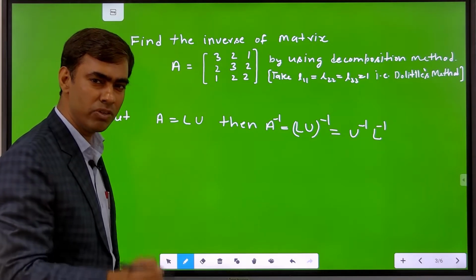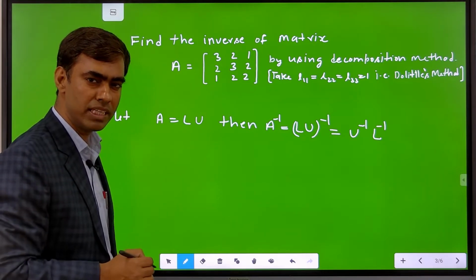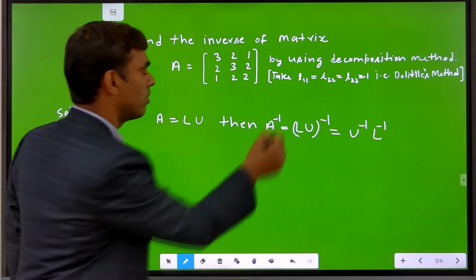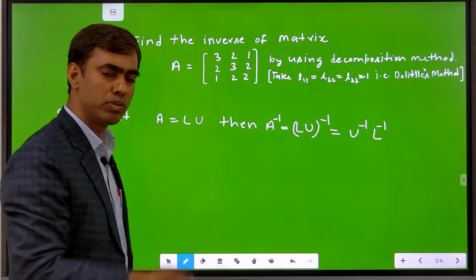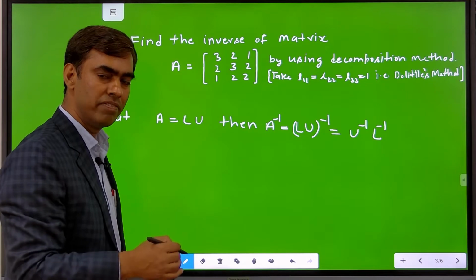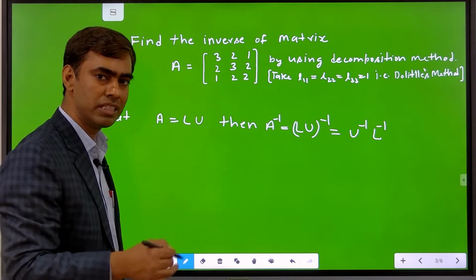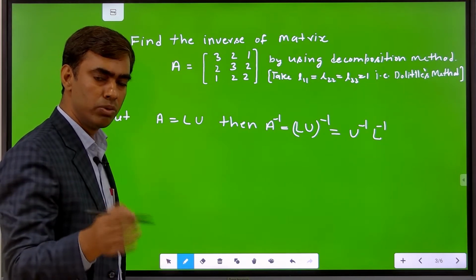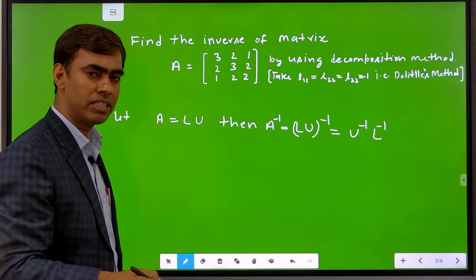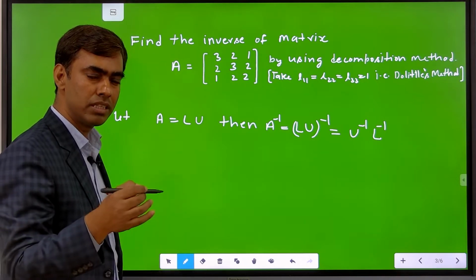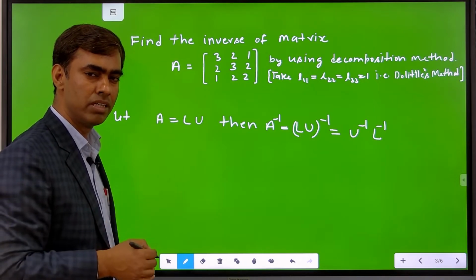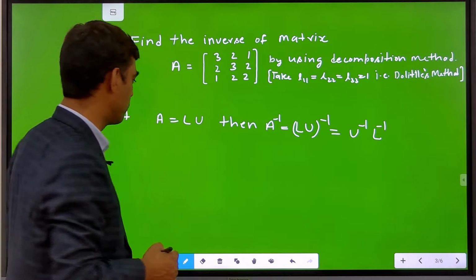What are the values of the diagonal elements of the lower triangular matrix? Obviously they are 1, this is already given. If this is not given and we are using the Doolittle method, then obviously we assume that the diagonal elements of the lower triangular matrix are 1.